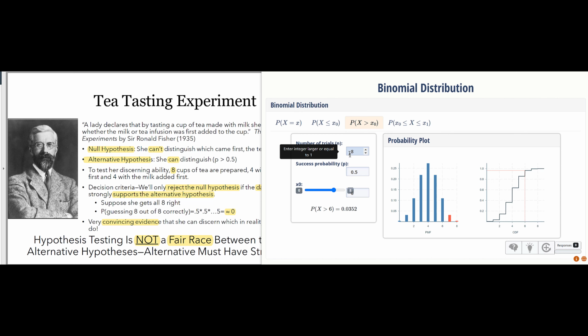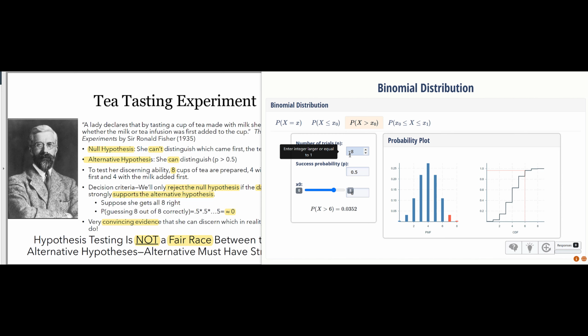And so if we choose 5% as our threshold, as our alpha, we would say, okay, at a 5% alpha level here, we're willing to reject the null hypothesis that she can't tell, which inevitably means that we're going to accept the alternative hypothesis that she can tell.